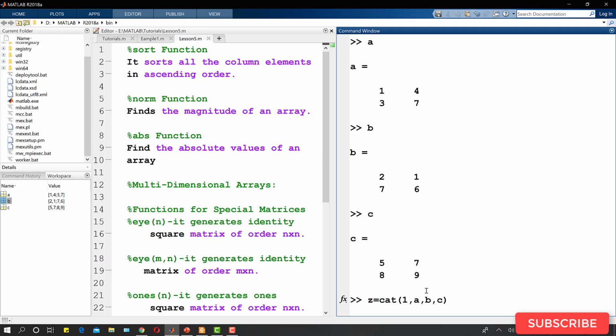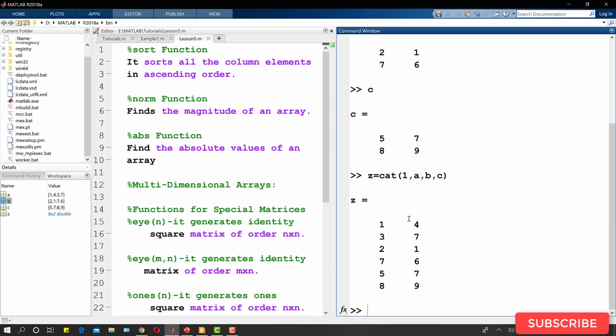So B and C matrices will be placed below the A matrix. The B and C matrices will be added to the columns of A matrix, so it will not create a three-dimensional array. Keep in mind that this one is the direction of combining all those three matrices. If I press enter, this command has added the first, second, and third matrix column wise.